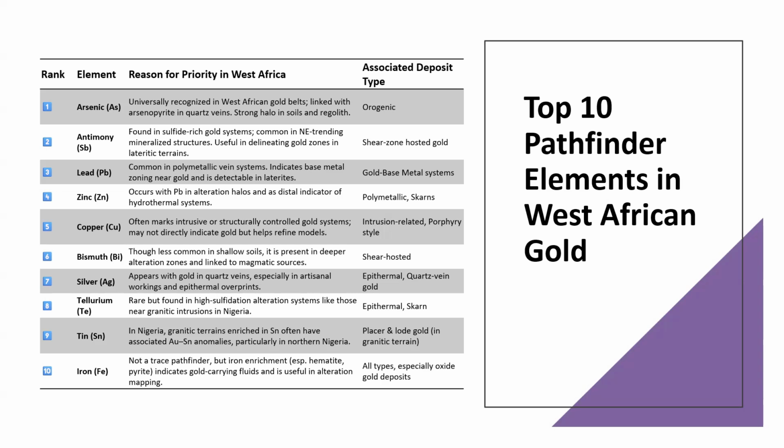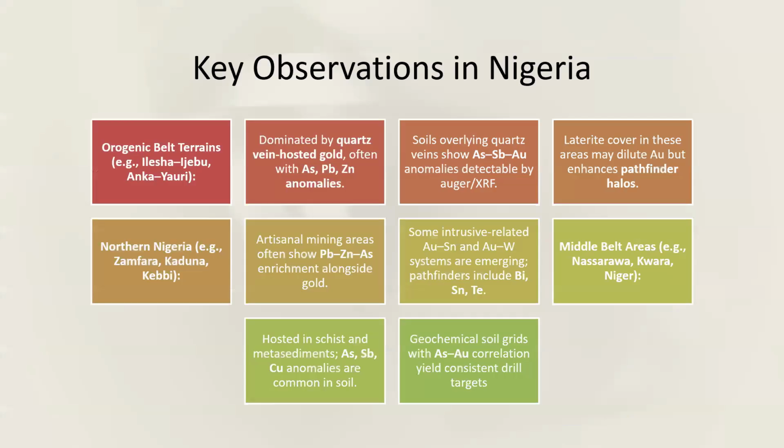It's almost everywhere. You definitely have to see increased activities of oxidation when you talk about this. But the key observations in Nigeria, when you look at the Ilesha area, that orogenic belt terrain, definitely you will see what we are saying. Then look at some of the areas that are dominated with quartz veining kind of system, and some soil that is overlying the quartz veinings.